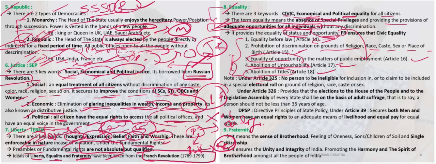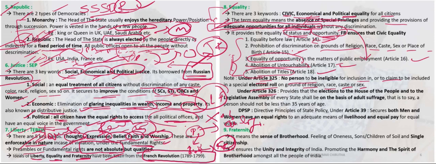Under Article 325, no person is to be ineligible for inclusion in, or claim to be included in, a special electoral roll on the grounds of religion, race, caste, sex.